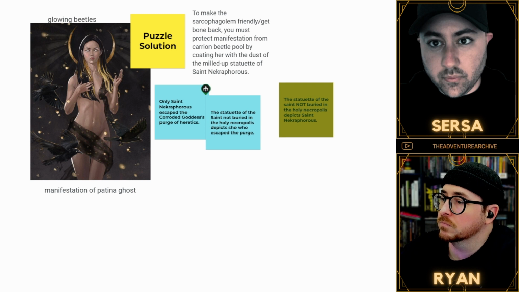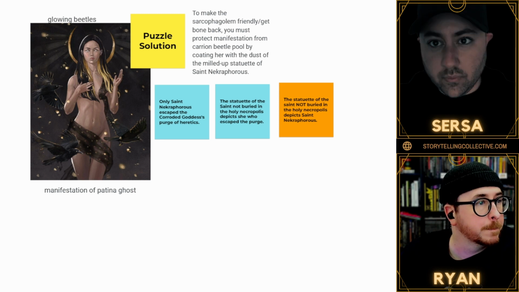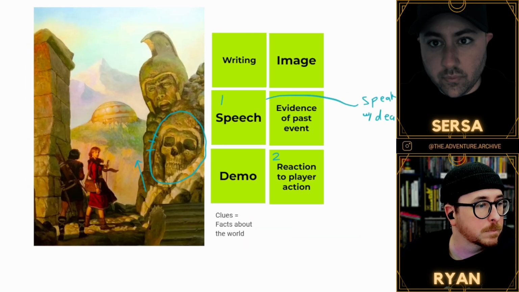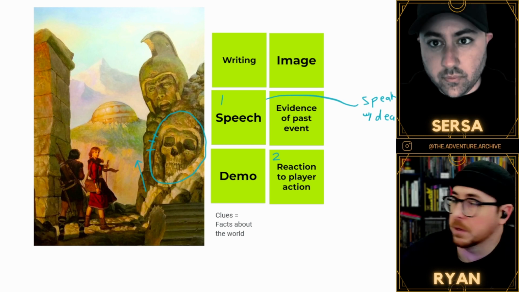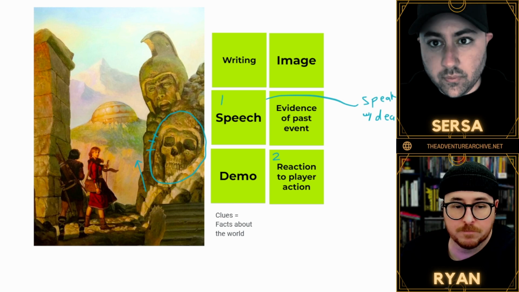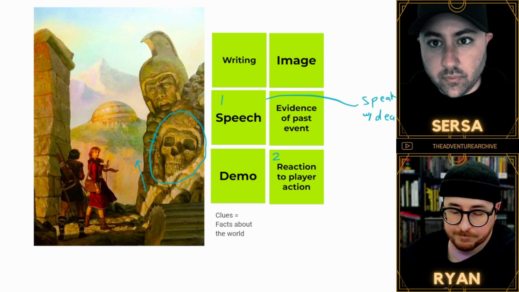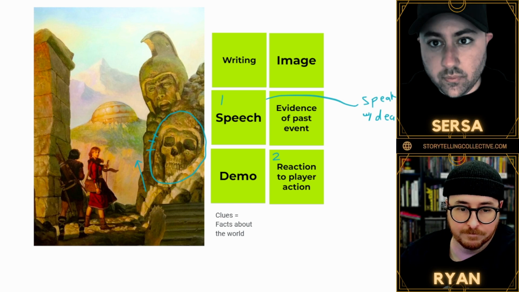So what we're going to do is bounce back to slide 14. I think this is 14. It should be the one that has the six kind of green looking. Yep. So for those who are listening and maybe not watching, I have a little board here with a couple sticky notes, six of them in total, and each one describes a different kind of clue that the players might find in the dungeon.